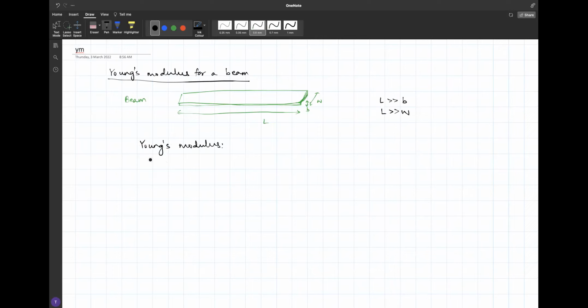For that, we have to know something called Hooke's law. Hooke's law tells you the stress and strain relationship, within the elastic limit we are talking about.